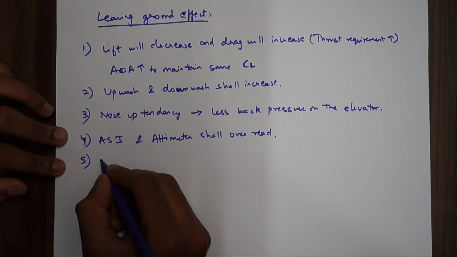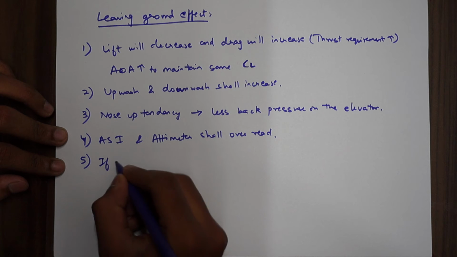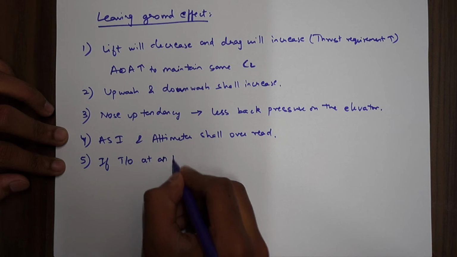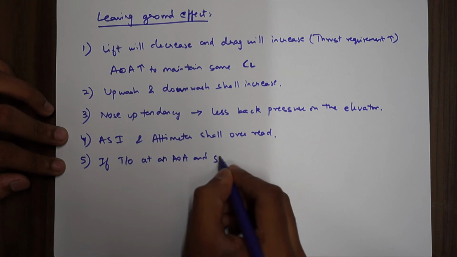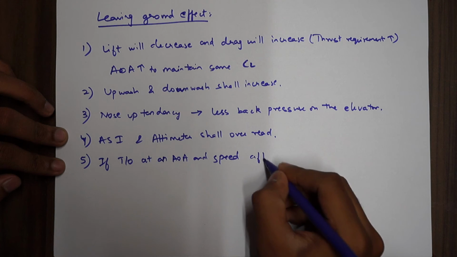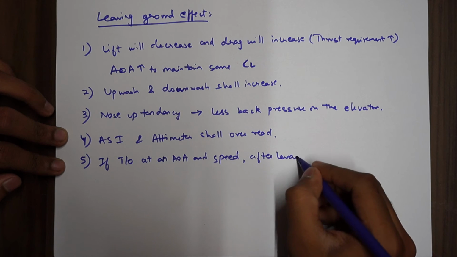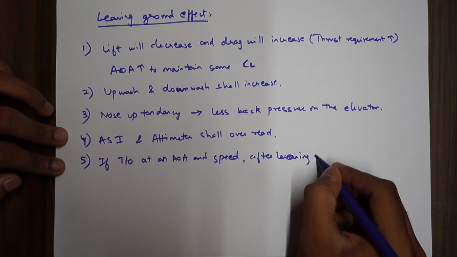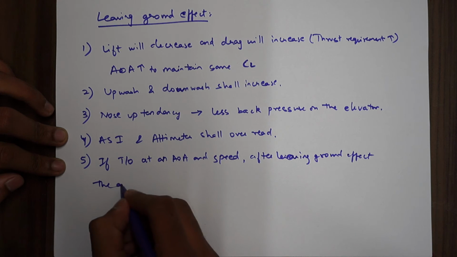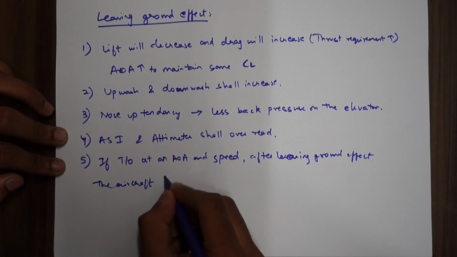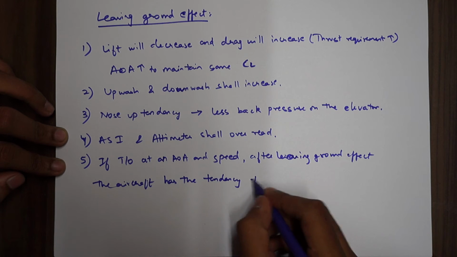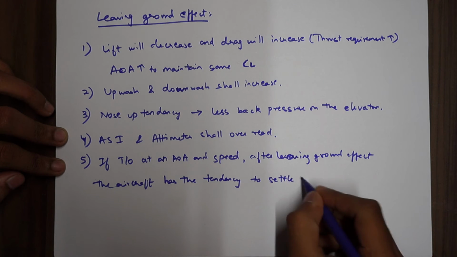I'll just write down: if you take off at an angle of attack and speed, and you maintain the same angle of attack and speed after leaving ground effect, the aircraft has the tendency to settle back down on the runway.